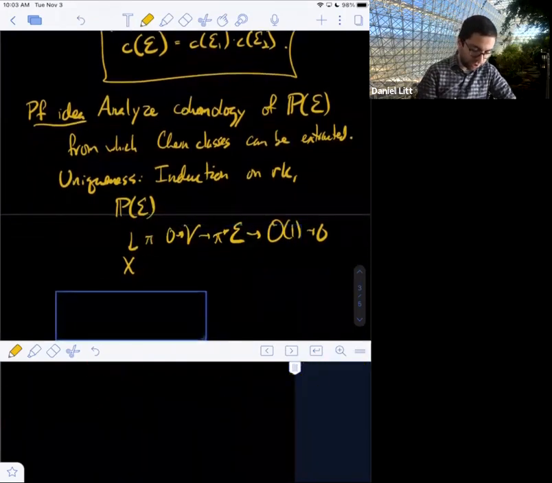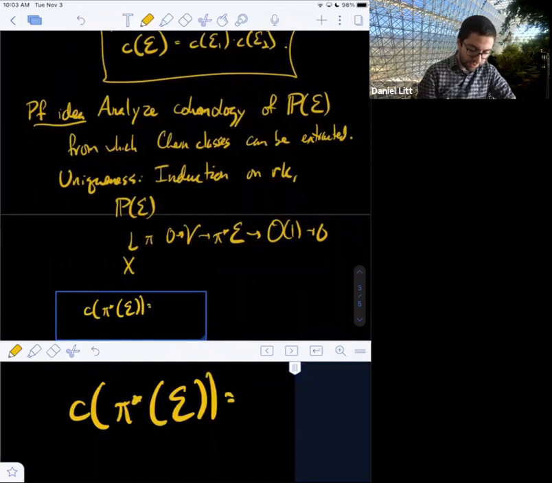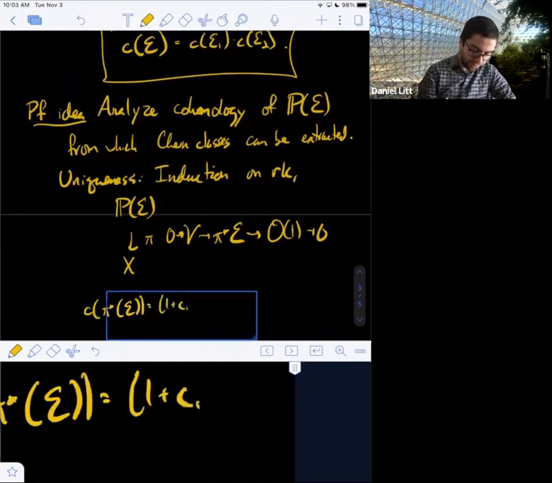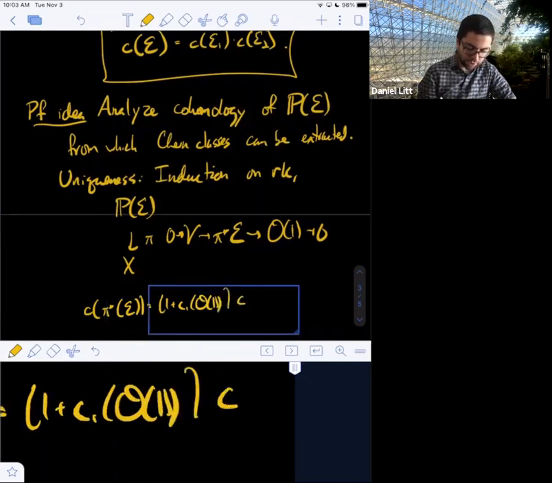So that means that the total Chern class of pi star E is 1 plus c_1 of this O(1) times the total Chern class of the kernel.